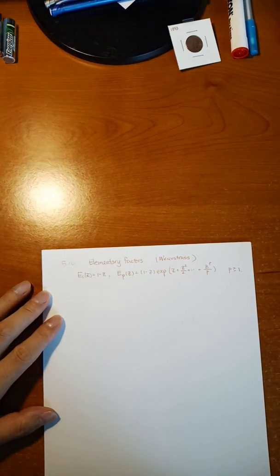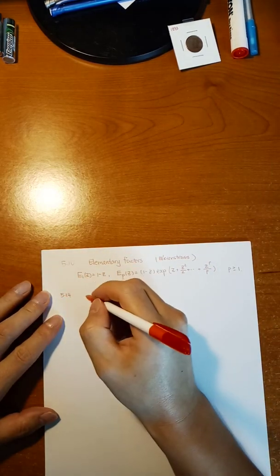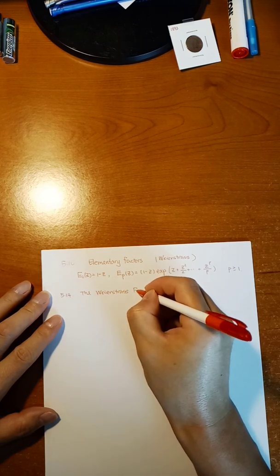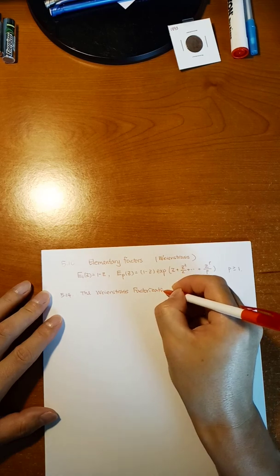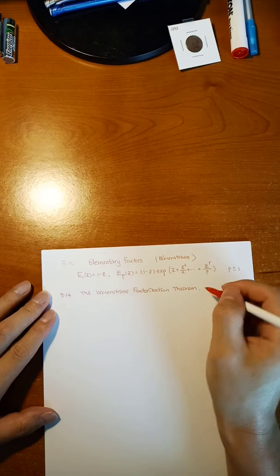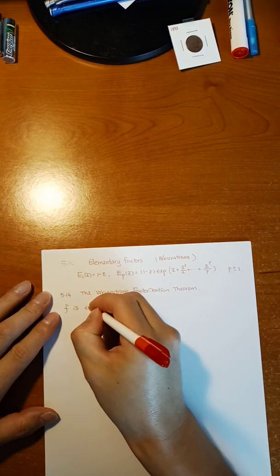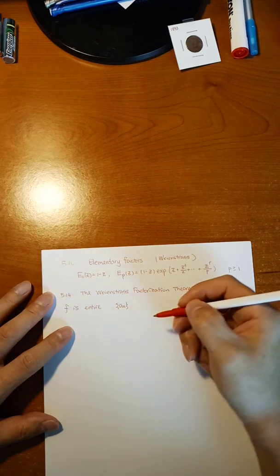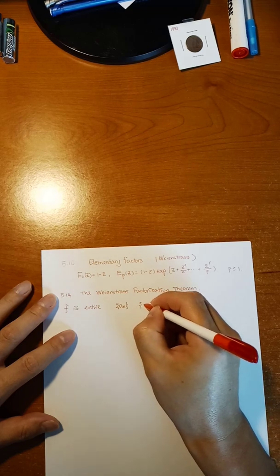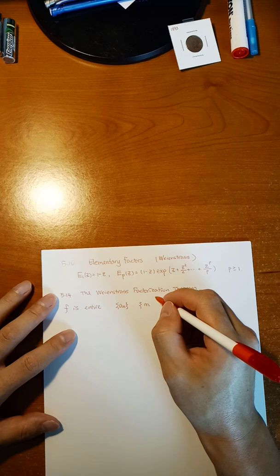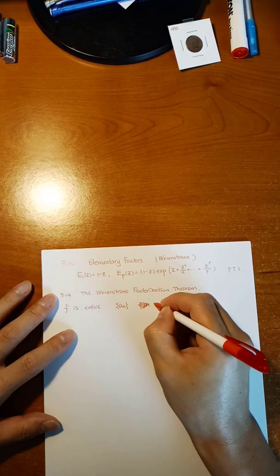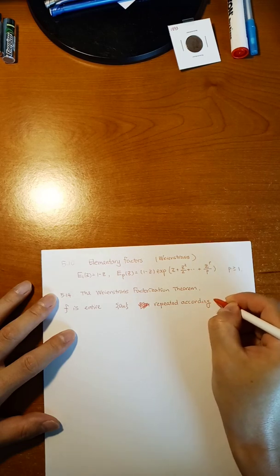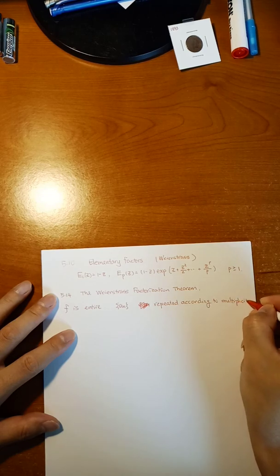Okay, and then 5.14, the Weierstrass factorization theorem, tells us that if f is an entire function, and we have a sequence of non-zero elements repeated according to multiplicity, then this is the sequence of zeros of f.